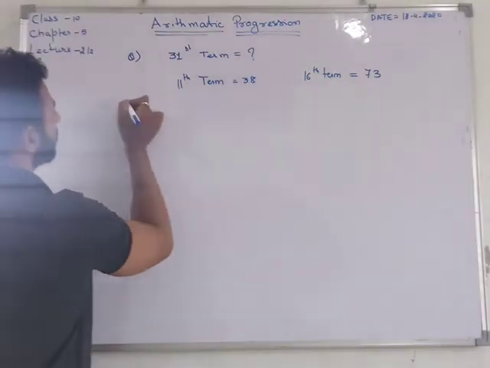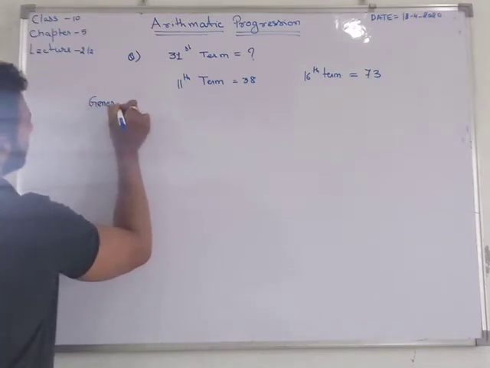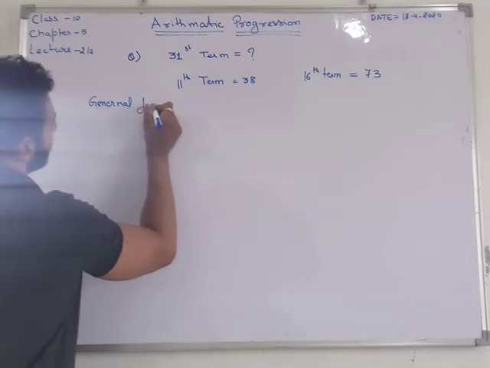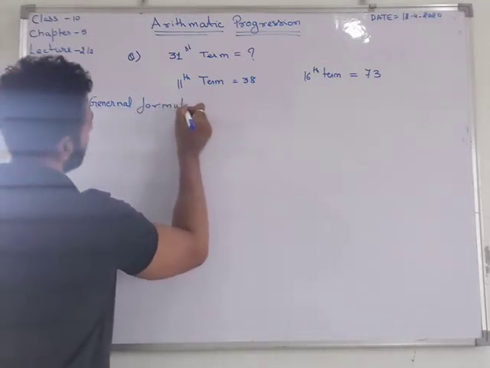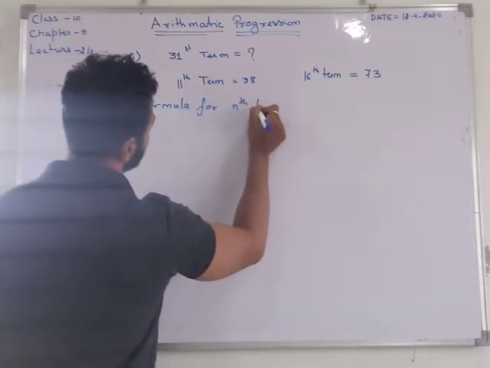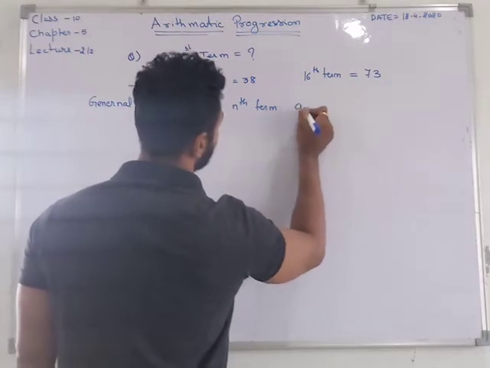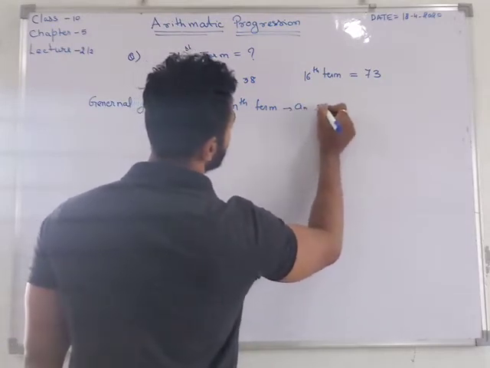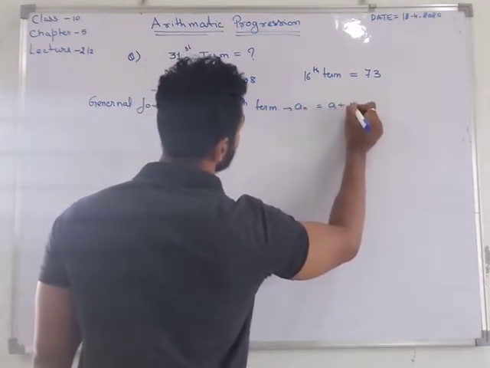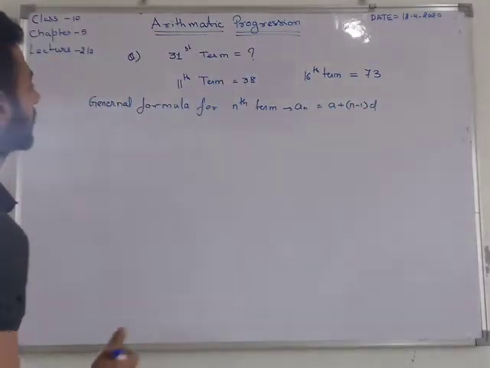Now, we know the general formula for the nth term: an is equal to a plus n minus 1 into d.